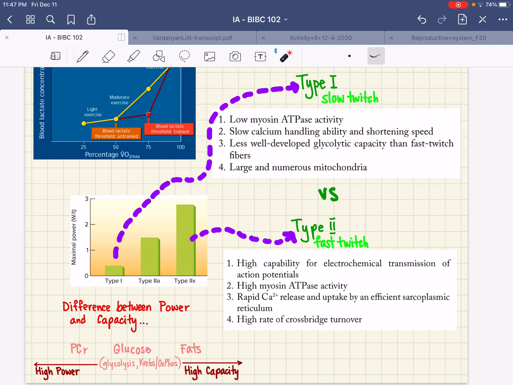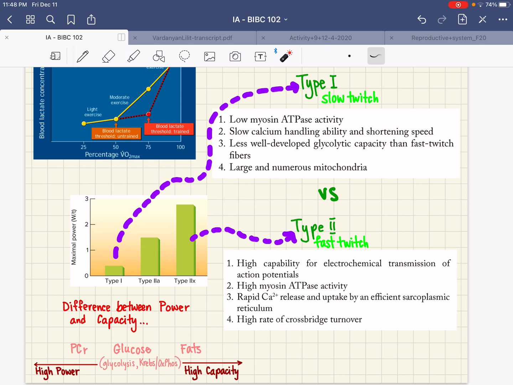And these are named slow twitch because these types of muscle cells are more prominent in people who are able to run slower, but for longer periods of time, right? And type 2 muscle cells are the fast twitch muscle cells, which are more developed in individuals who can do more quick and more strong exercises.